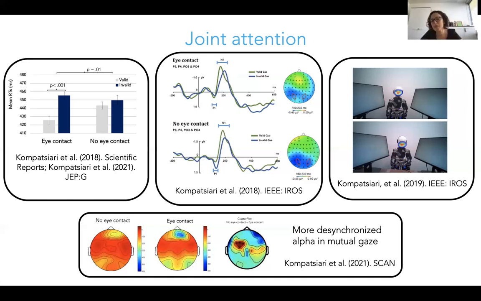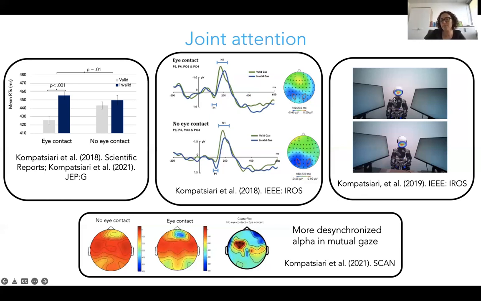But interestingly, this is a validity effect that is very classical in Posner cueing. So we were extremely happy, because it was really our first study to see that you can replicate a pattern from screen-based stimuli to these sort of embodied scenarios.